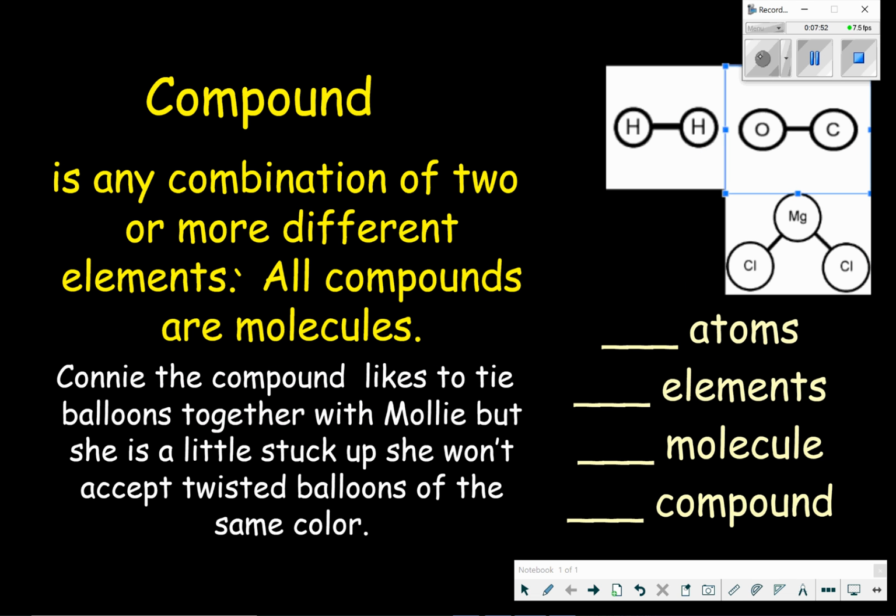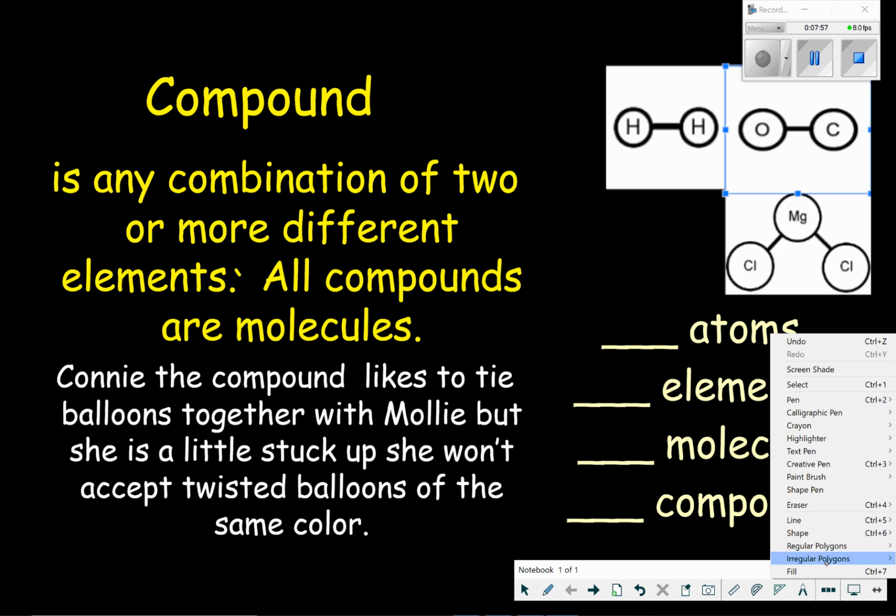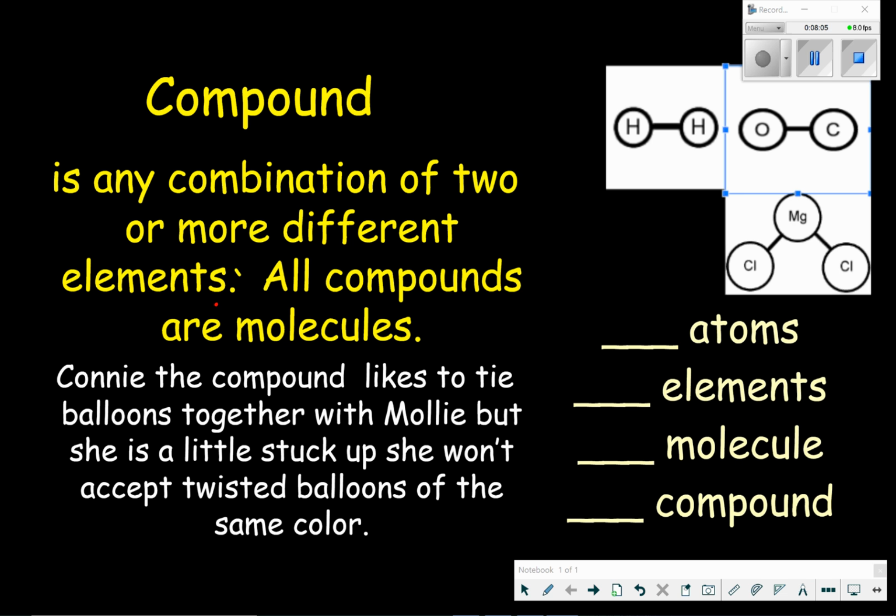A compound is very slightly different than a molecule. A compound is any combination of 2 or more different elements. This is important. Do you remember a molecule was a combination of 2 or more atoms? A compound is 2 or more elements. So when you're looking at a molecule, which is what this is right here, for a compound you must have different letters in here.